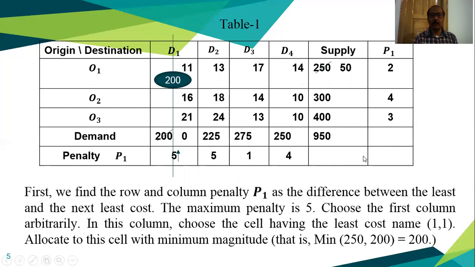Now among them, which one is the maximum penalty? For row and column penalties both, we have to check which one is the maximum, and put the mark. So this 5 and this 5, in this case both are the maximum penalty, but which one can we take into consideration?